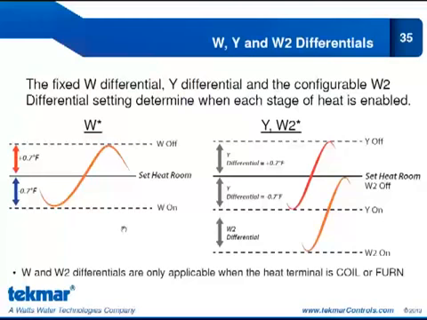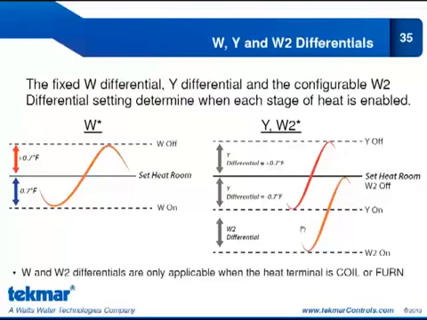So if your W is set up for HRF, then it's going to be a PWM function, not a differential. If your W is set up for convector or other, then in that case it's going to be based on an on-time calculation with an integral. So this differential of 1.4 only applies if your heat terminal is coil or furnace.